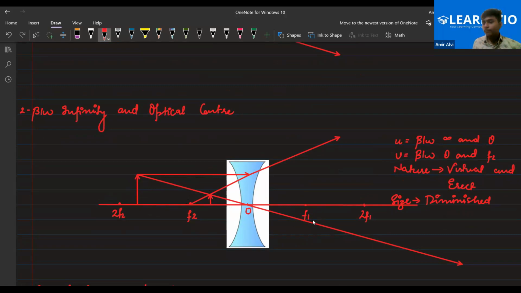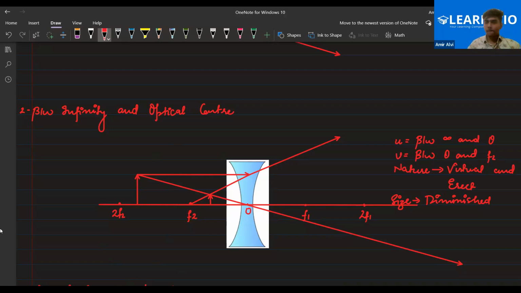The second ray will go without any refraction. This intersection point will give you the image, and that is in the diminished size. Am I clear to all of you? Please let me know, everyone. Is there anyone who is having doubt? Maha, Harshit, Galvin, Gianna, and Aisha. No, sir.